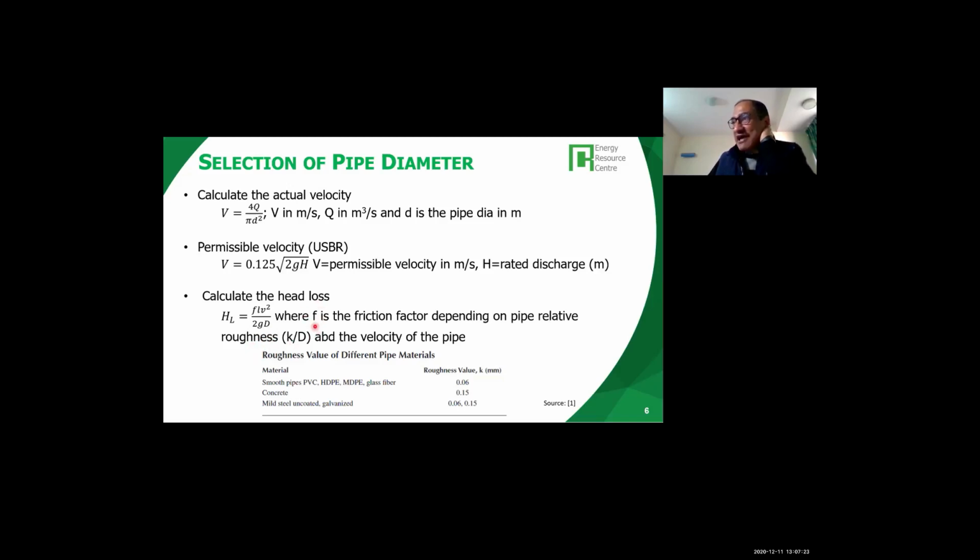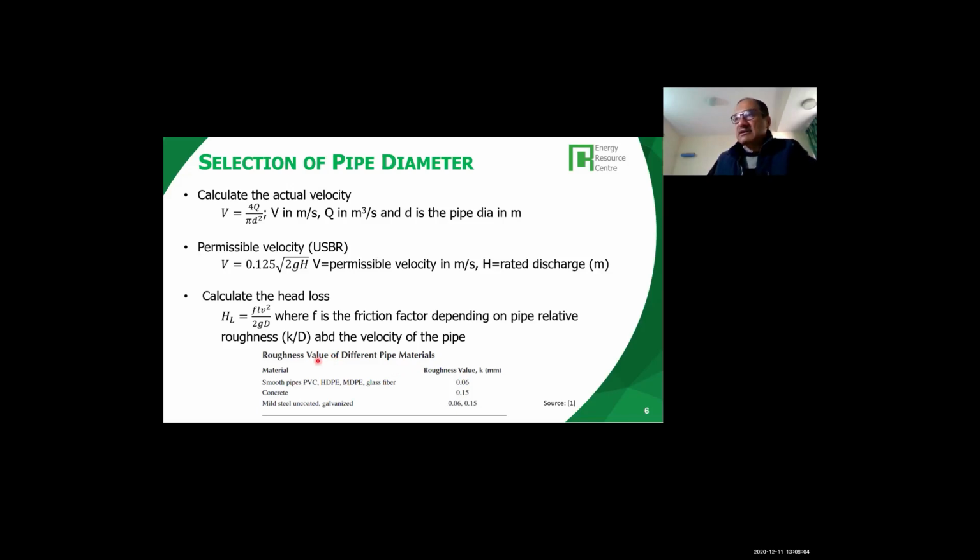The friction factor f depends on the pipe relative roughness, k divided by D. And k, the roughness value for different pipe materials: smooth pipes like PVC, HDPE, and glass fiber is 0.06, concrete is 0.15, and mild steel is between 0.06 and 0.15. I think I will check.